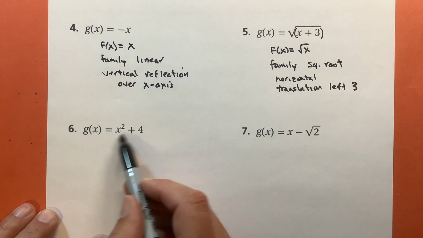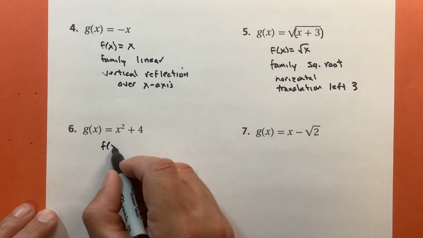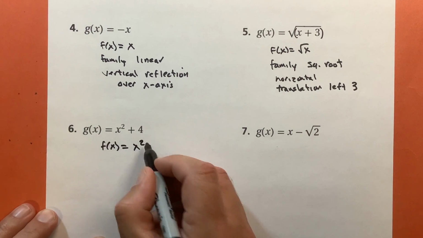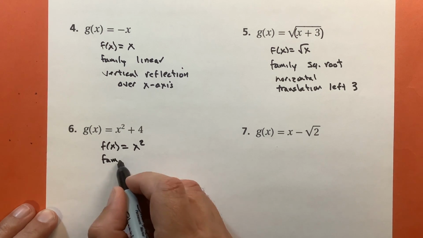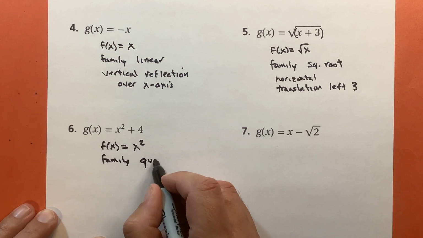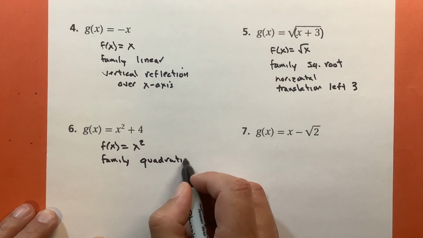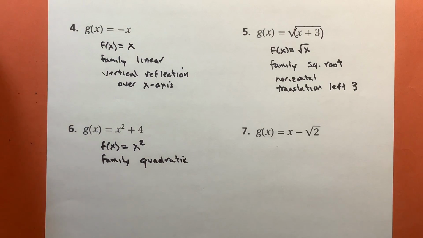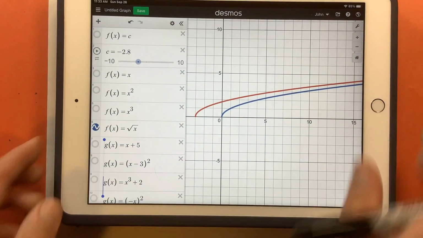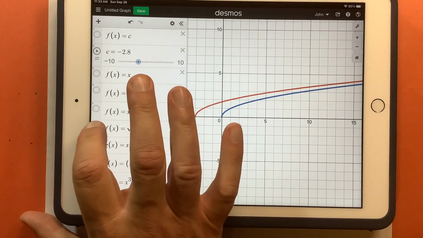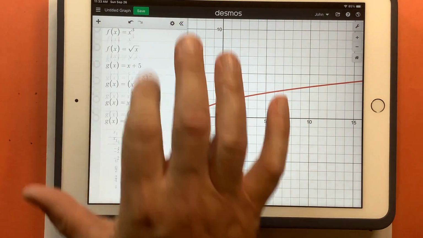Number 6, I see an x to the second power, so my parent function is going to be x squared. That tells me that the family is going to be the quadratic family. And let's graph it and see what happens. So let's get rid of the ones from before.